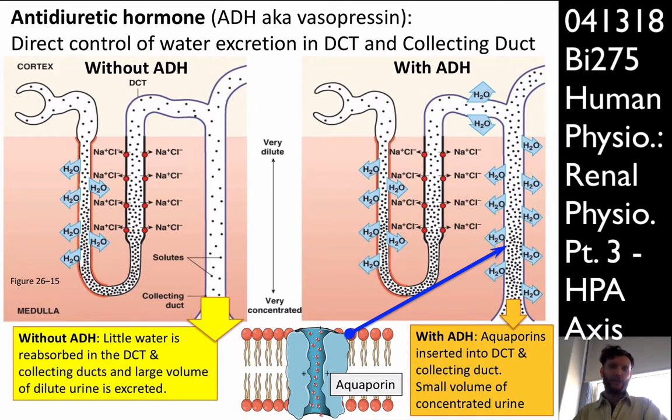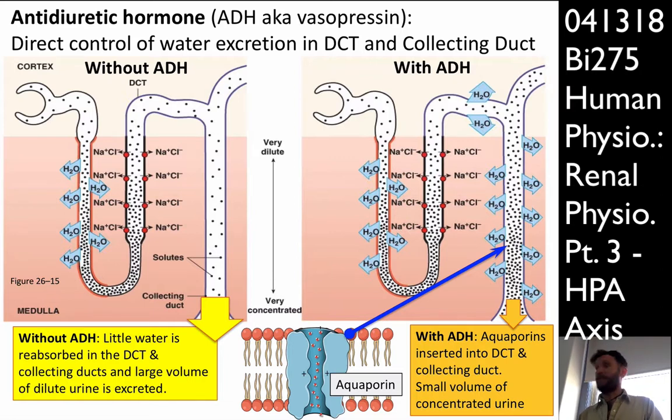When ADH is present in the kidney, when it's been triggered and released by the pituitary, it inserts these aquaporins into the membrane of the simple cuboidal epithelial cells of the DCT and the collecting ducts. And this enables water to go down its diffusion gradient and to diffuse into the interstitial tissue of the renal medulla.